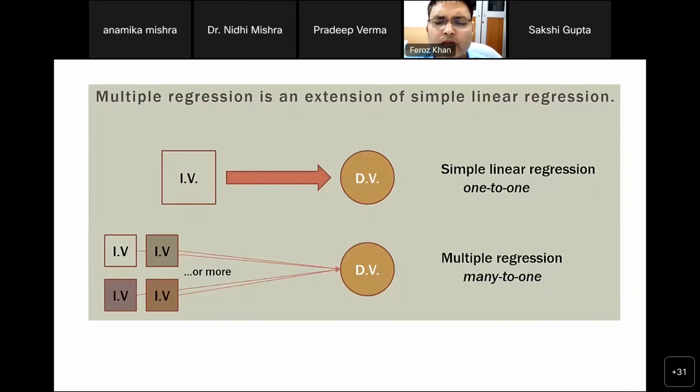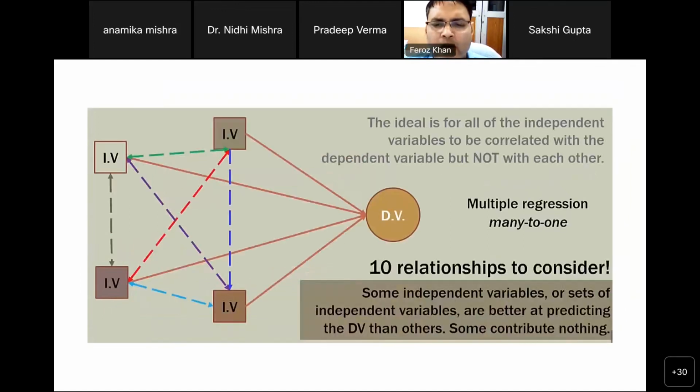This is called a many-to-one relationship, also called multiple linear regression analysis, or an equation you can generate. Now there is also the possibility, as I mentioned earlier, that whatever chemical descriptors you have identified as key chemical features controlling the bioactivity have high correlation between each other.